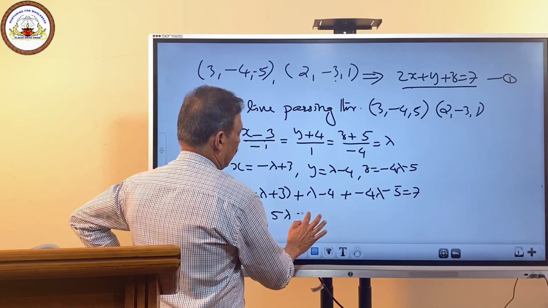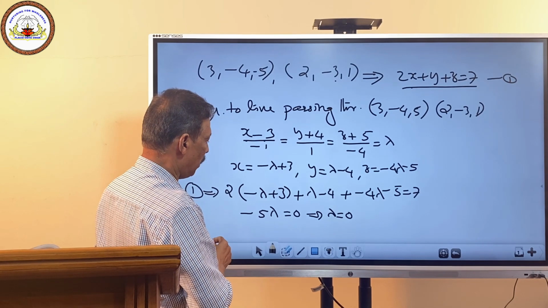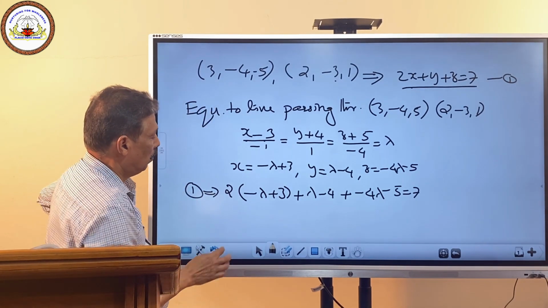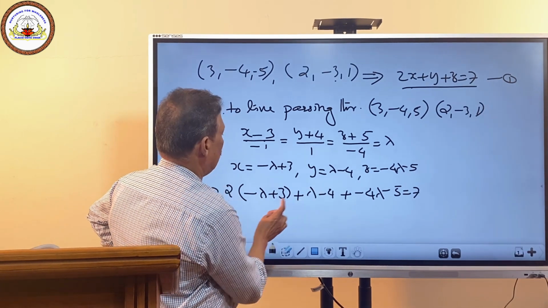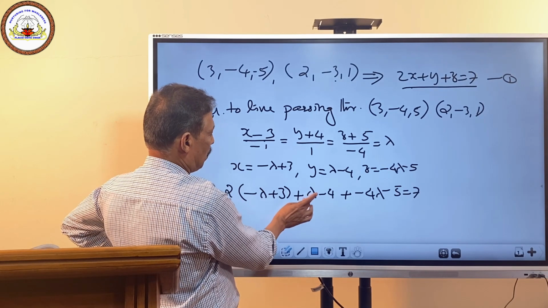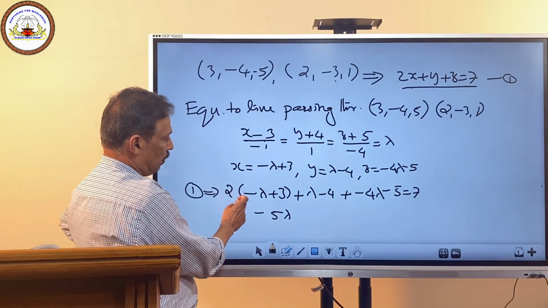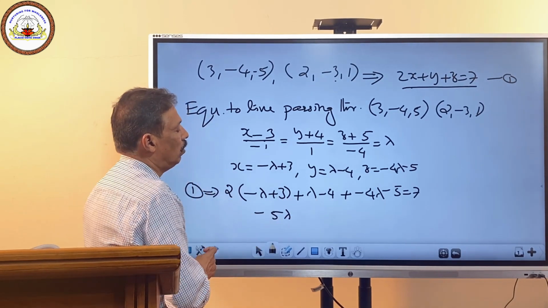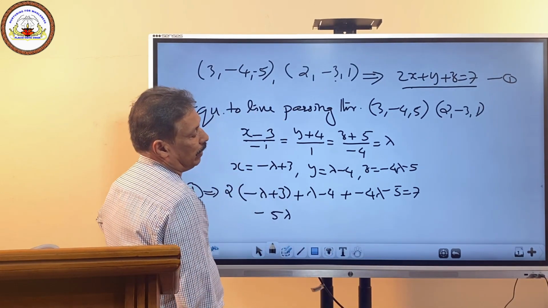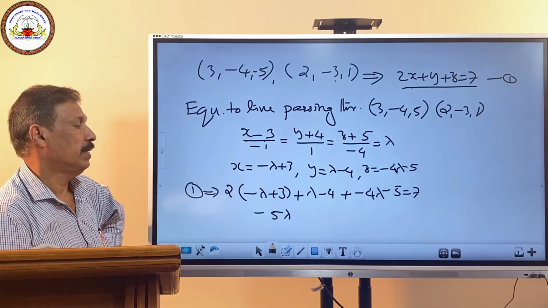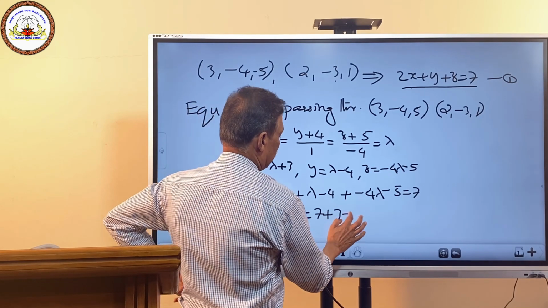Moving to the right side, plus 3, that is 7 plus 3, that is equal to 10.